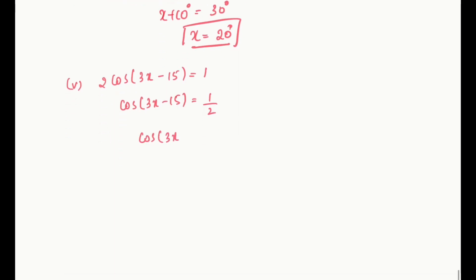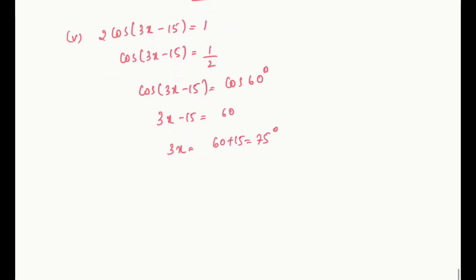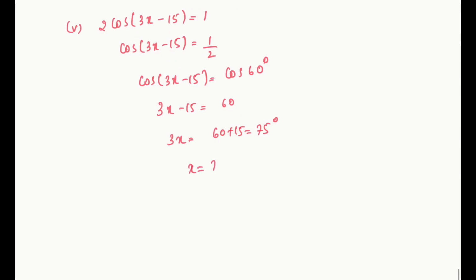Cos of 3x minus 15 equals to cos of 60. 3x minus 15 degree equal to 60. 3x is equal to 60 plus 15 equals to 75 degree. X equals to 75 by 3 equals to 25 degree. So here you get the value of x as 25 degree.